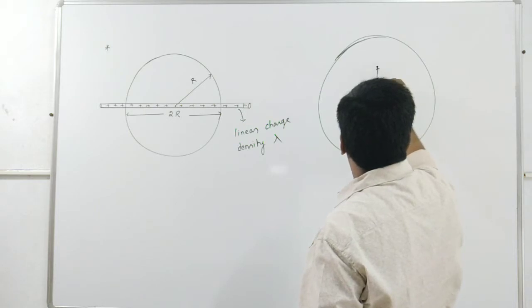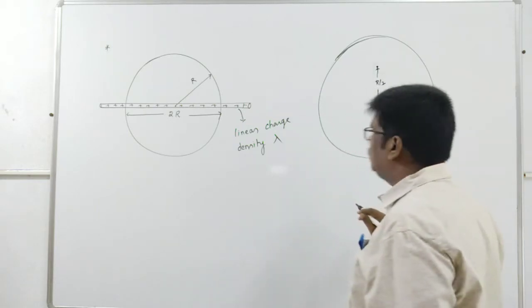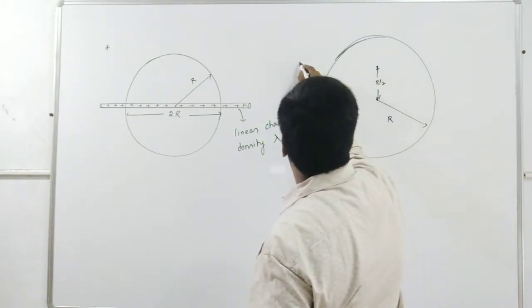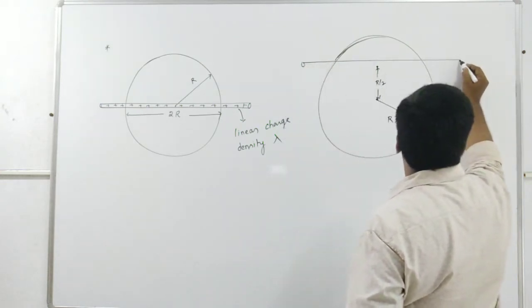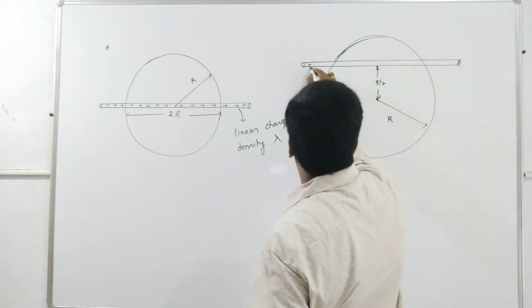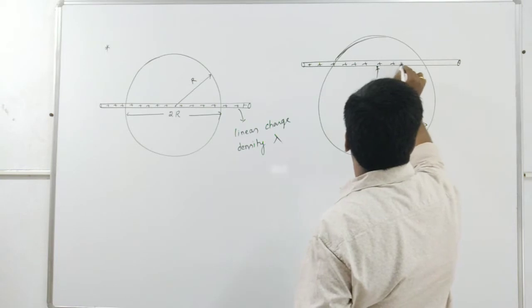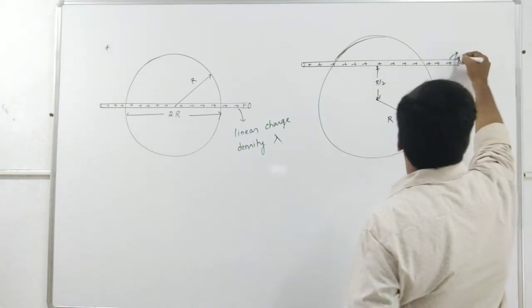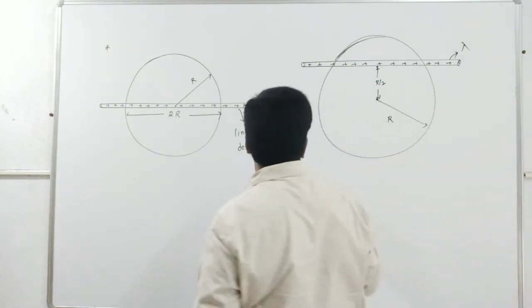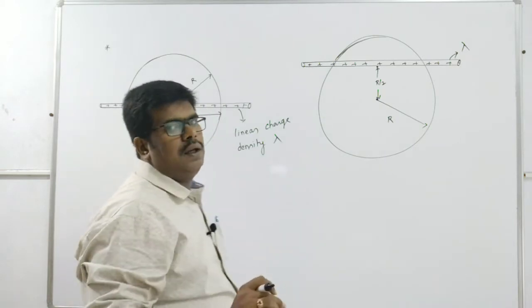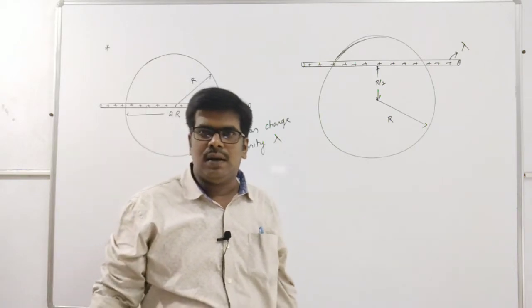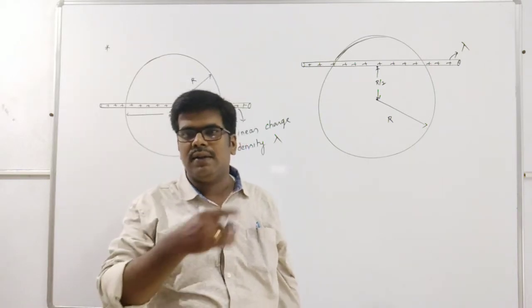The conductor is placed at a distance r by 2 from the center. This is a linearly charged thin conductor whose linear charge density is lambda. Now in this case, what is the flux through it? The same procedure will be followed: 1 by epsilon naught times the net charge enclosed by it. So how can we find the net charge in the case of a thin conductor?